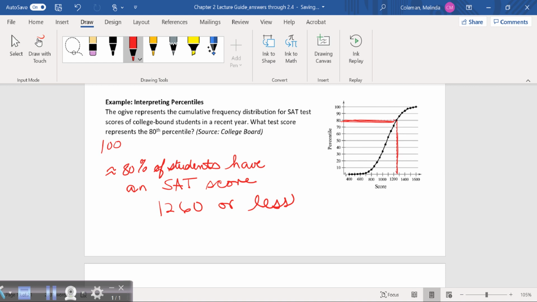So the higher the percentile, obviously the better your score is when compared to people who took that test that year. So everything is dependent upon the entire population of students who took that test that year. So if someone took it a different year and scored the exact same that you did, they may be in a different percentile.